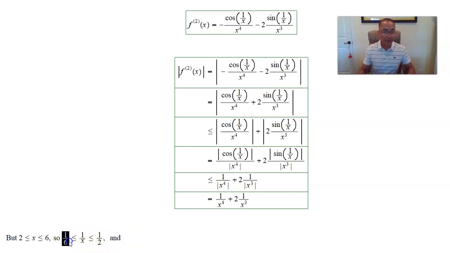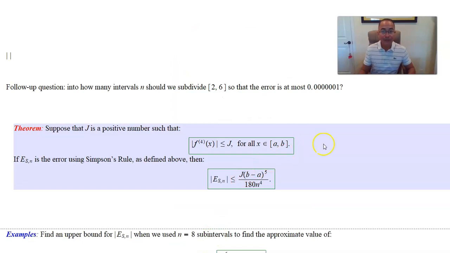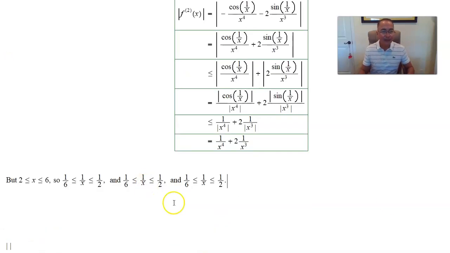So we have this same inequality. I will copy the end because I will have one more. So I want 1 over x to the 4th. I also want 1 over x cubed. So 1 over x to the 4th will be between 1 over 6 to the 4th and 1 over 2 to the 4th.